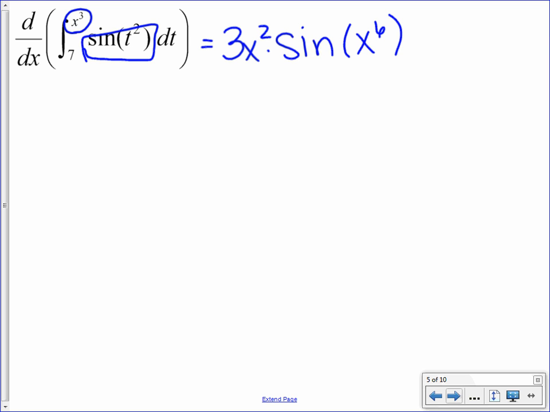Yes. Would the derivative of the antiderivative of sine be negative sine? Nope. The antiderivative of sine would be negative cosine. Then the derivative of negative cosine would be a positive sine.